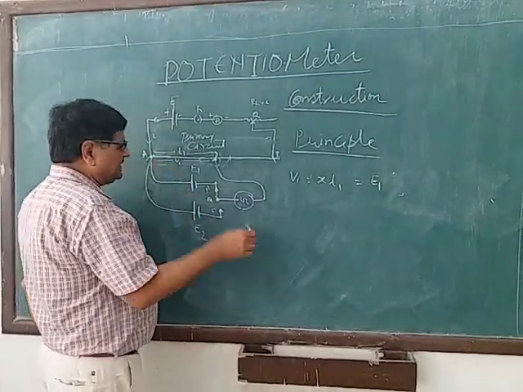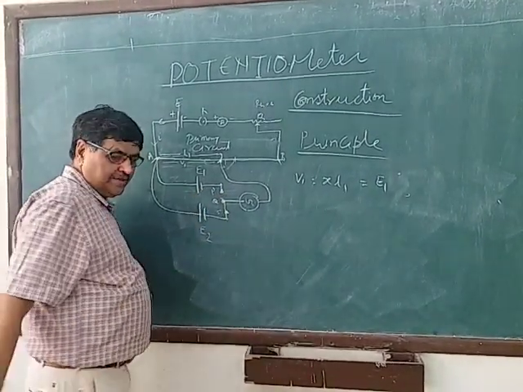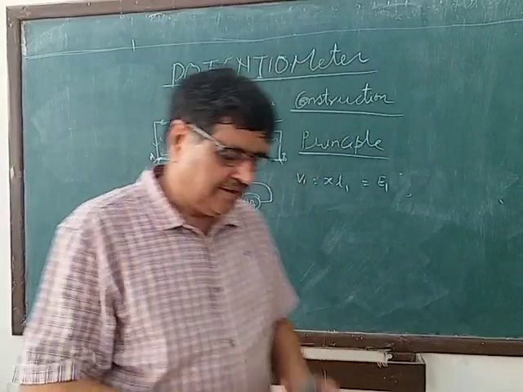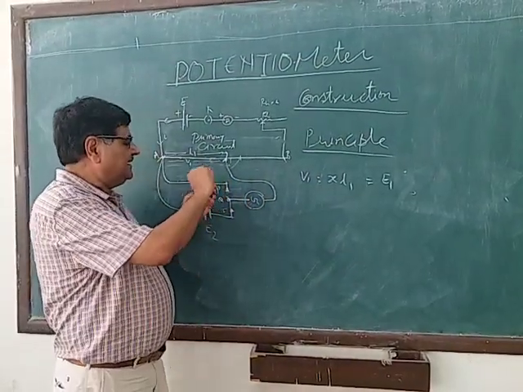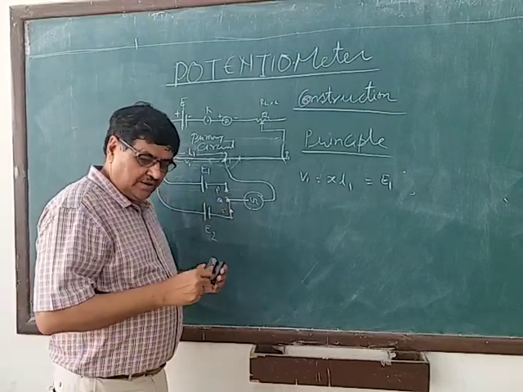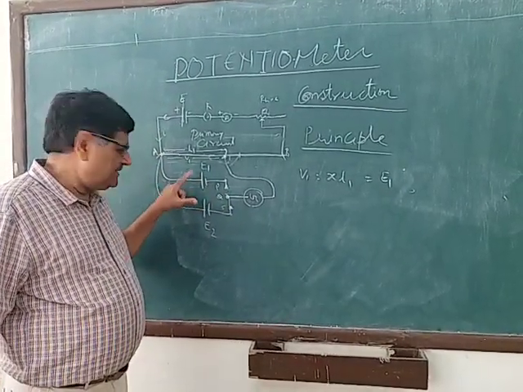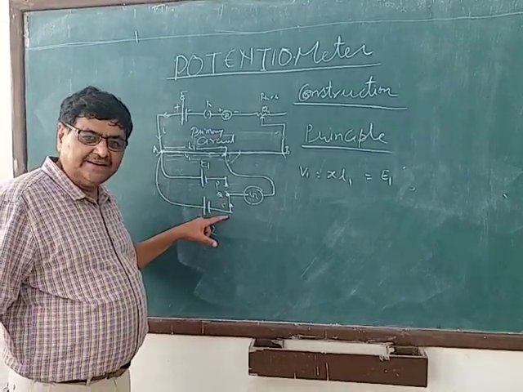Now what we do in the next step, we remove the key from here and we put the key here. So this will be left out and this will come in the circuit.